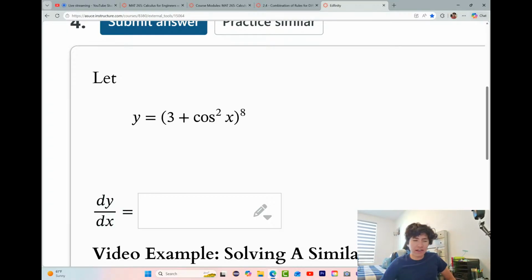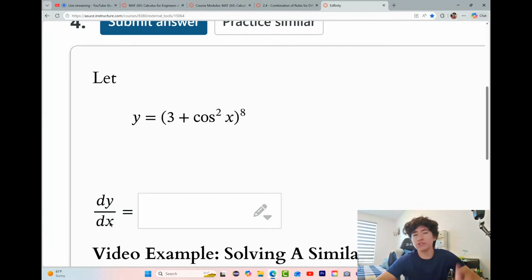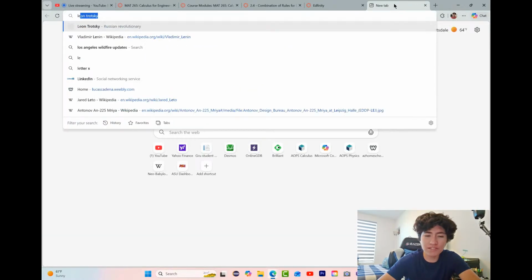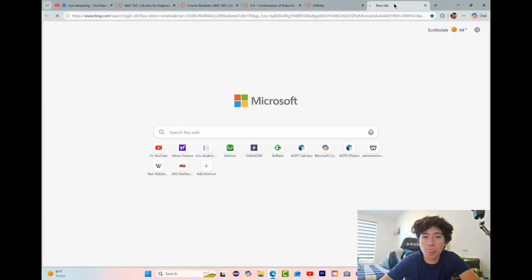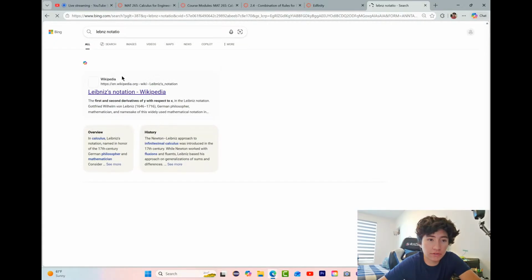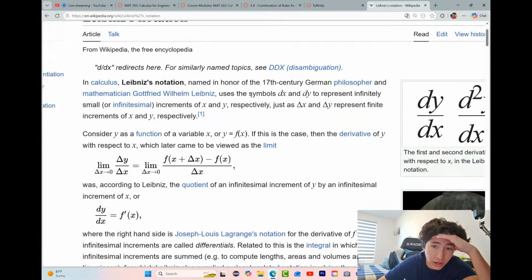I always find this notation a little more confusing. The way I see it is apply the derivative to y in terms of x. I think that's how you see it. Hold on. What is it called? Leibniz notation? Yeah, I really don't know how to. Notation. Okay.